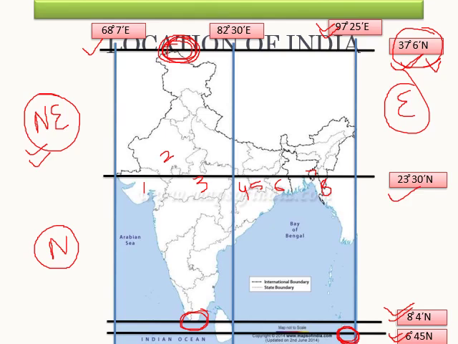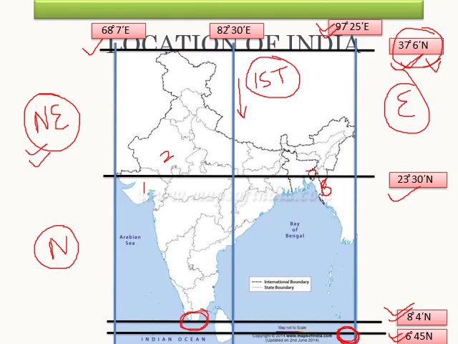Now the next important point is about one important line which you can see, this vertical line passing through the center of India again. This vertical line is also known as IST. What is the full form of IST? This is Indian Standard Time.